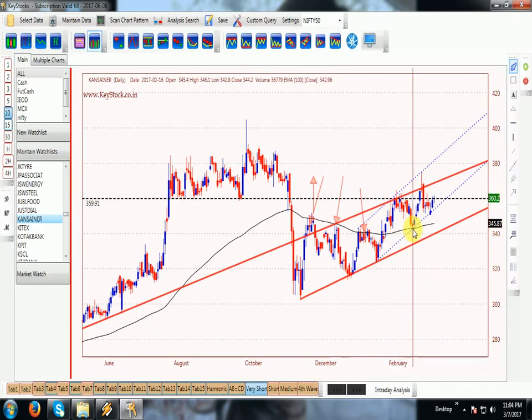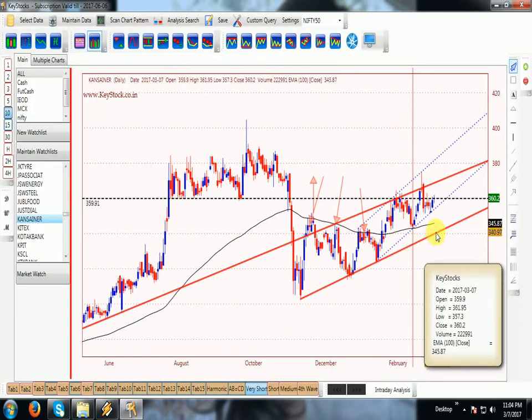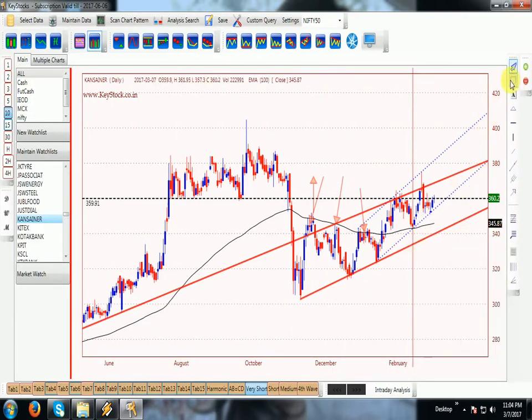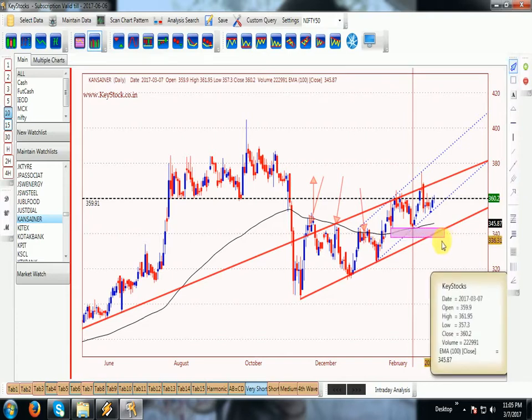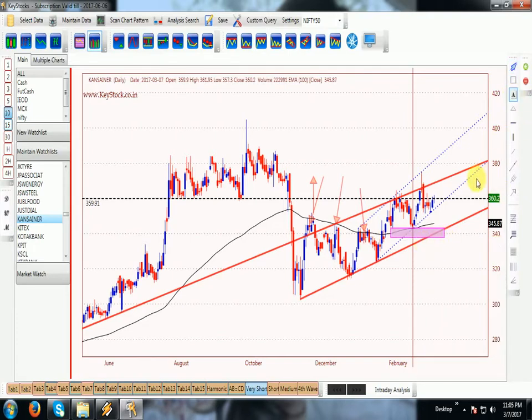So we can say around this level, 345 to 340, which is also a trend line support of the channel, is a very strong zone. I'll plot the rectangle here so that you can see the support level. This is how we can study the supports and resistances of the stock.